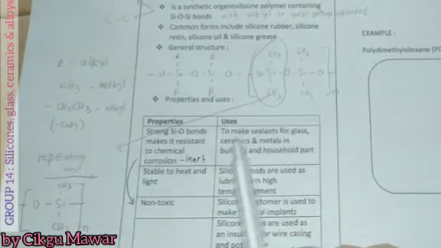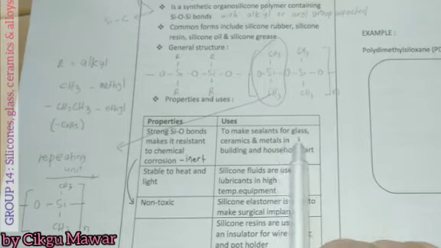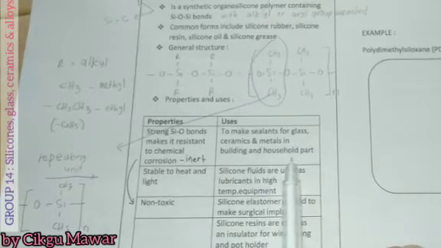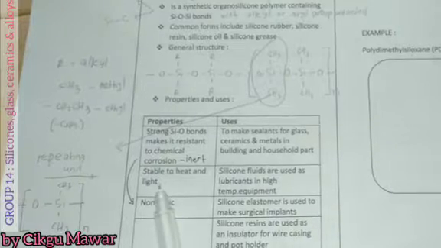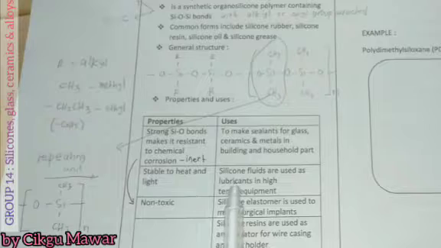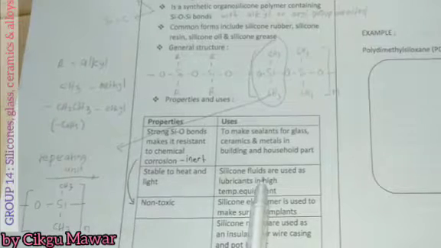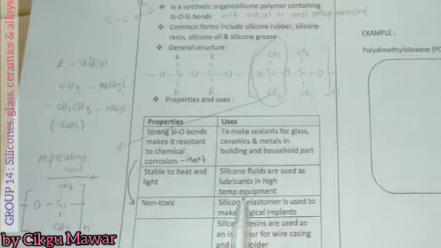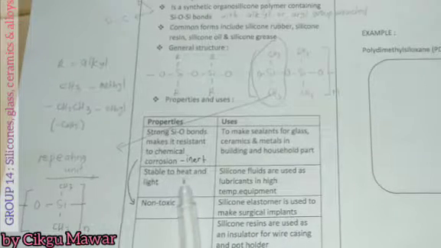So what are the uses? To make sealants for glass, ceramics and metals in building and household parts. It is also stable to heat and light because of the strong bond. So silicone fluids are used as a lubricant in high temperature equipment because of its stability to heat.